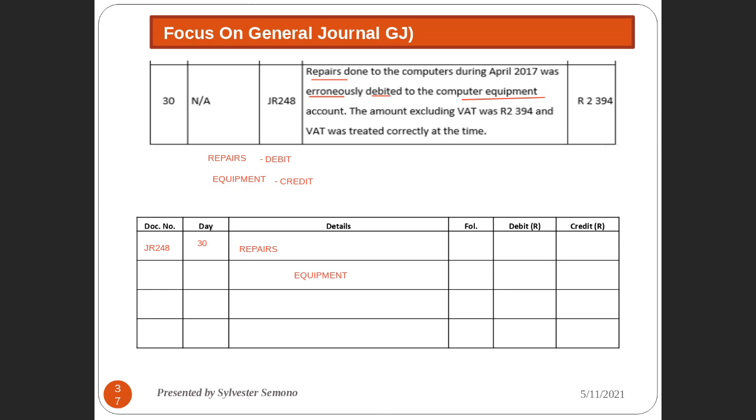Is this the amount that I'm going to use? Is there any VAT implication? Because they say the amount excludes VAT. So what do you think I must do? Must I use this amount or must I do some calculations? Must I record this amount as it is?